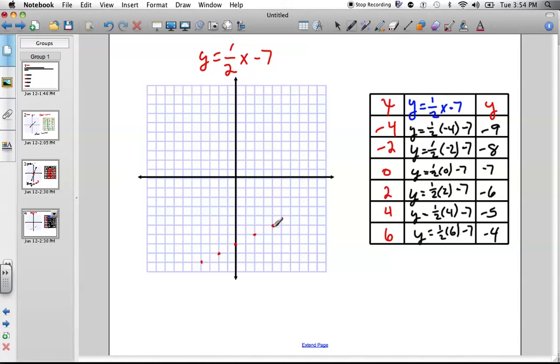And 6, -4. Go ahead and connect your points.